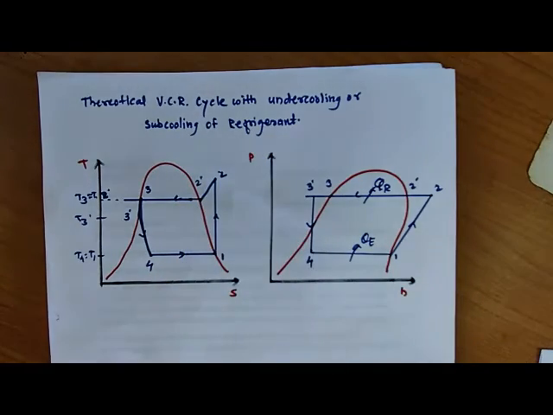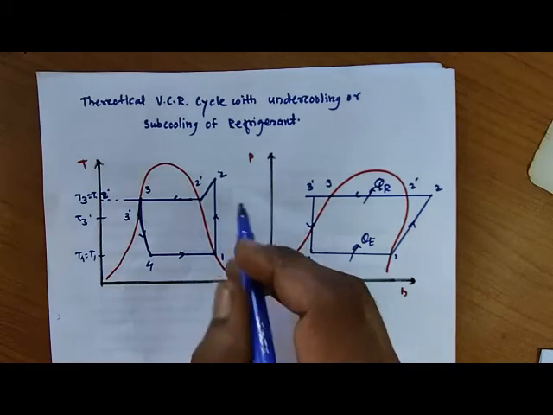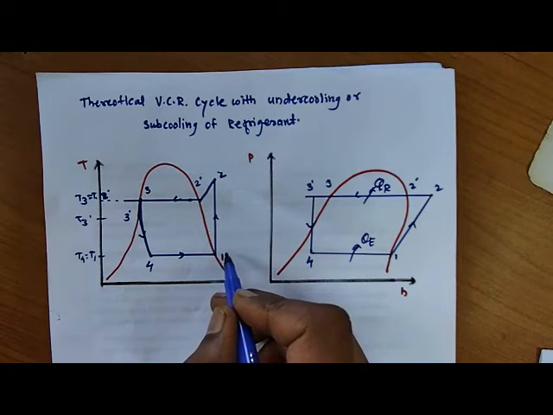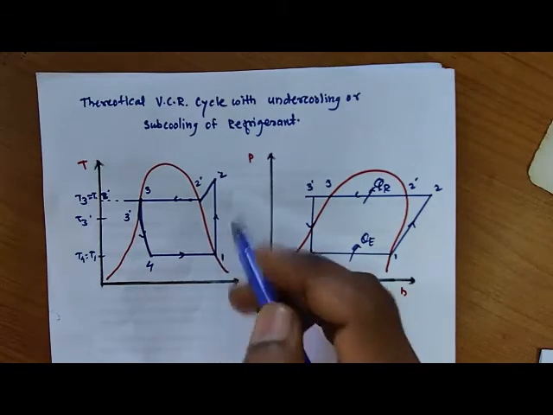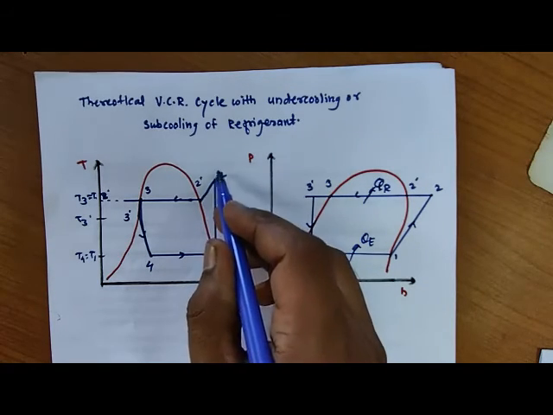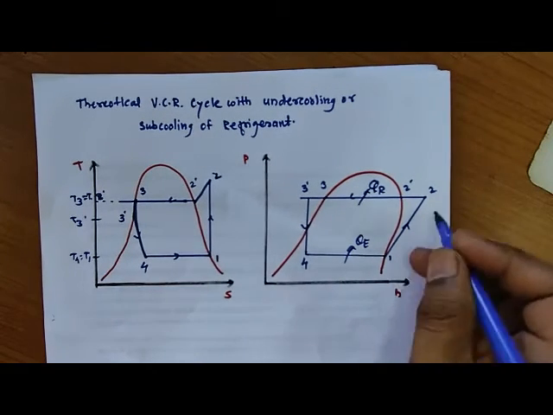For that we will consider the compressor condition as: at the inlet of the compressor we have dry saturated vapor, and at the outlet of the compressor we have superheated vapor. So point number 1 is available on the dry saturated vapor line and point number 2 is available in the superheated region. Same in the pH diagram also.